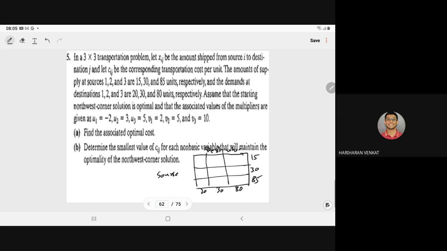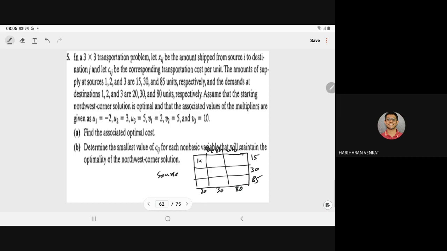So first you check whether the problem is balanced or not. It is 15, 30, 85, so it is 130, and this is also 130. So the problem is balanced, and it is given to you to use the northwest corner method.